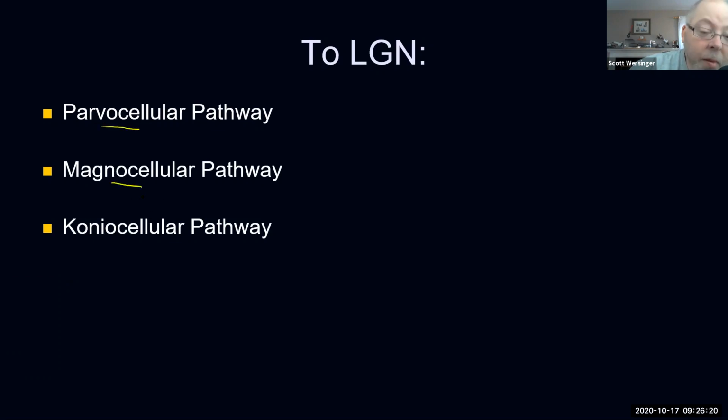Magnocellular will form the magnocellular, etc. Okay, so the pathways are just named by the type of retinal ganglion cell that they hook up to. When they get to the lateral geniculate, then you know that these are going to synapse onto those parvocellular layers. These will synapse onto those magnocellular layers.